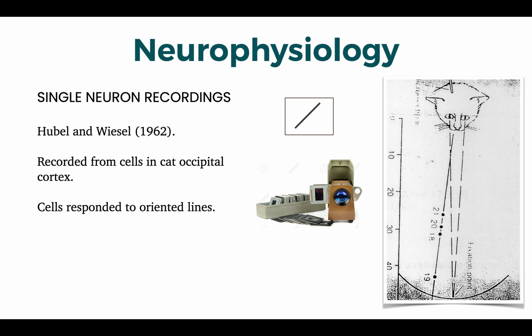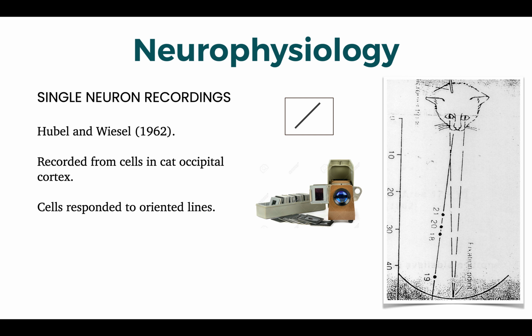The reason why I say by accident is because they were using one of these doohickeys right here. I don't know if you've ever seen one of these in action, but you have to load one slide at a time, right? So you've got a slide, it's projected, you have to remove the slide, pick another slide, put it back in.